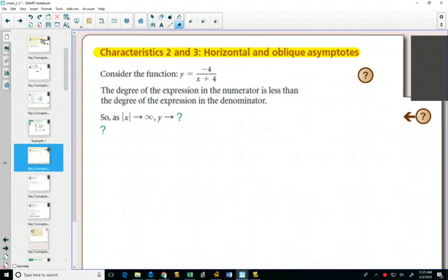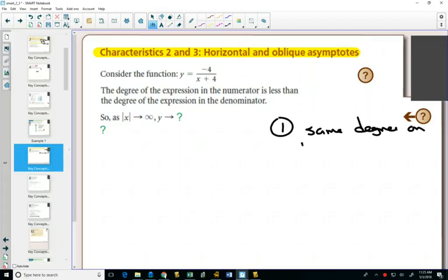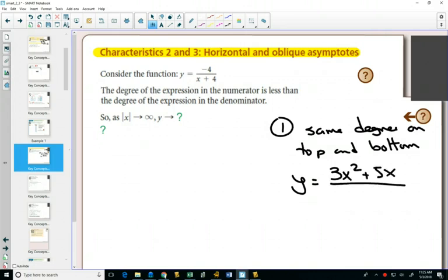The first one, situation number 1, which we've dealt with already, is when you have the same degree on the top and bottom of your fraction. For example, we have 3x squared plus 5x over 2x minus 7x squared.